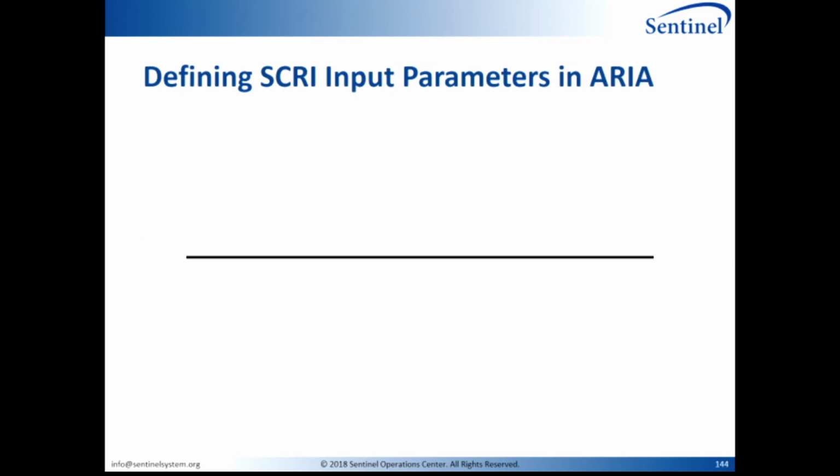So in terms of defining the input parameters in our modular programs, there are several things you have to choose. You start with, obviously, the exposure. What's the cohort defining event? Then you require a washout for that exposure, some incidence criteria that tells you that this is a new exposure.